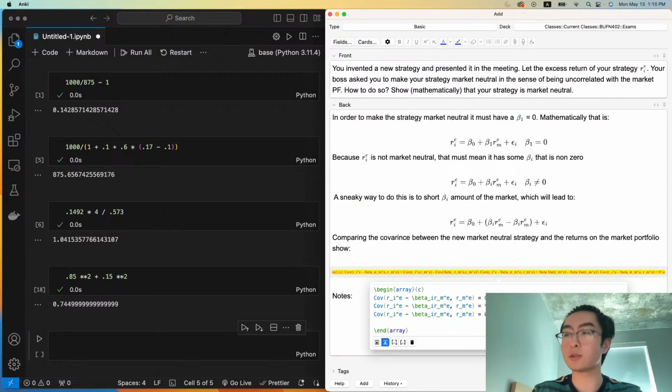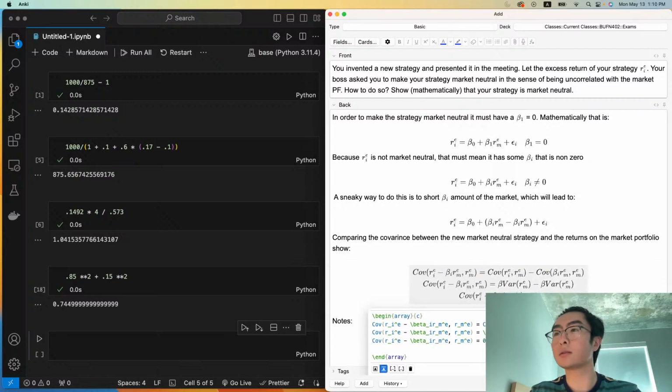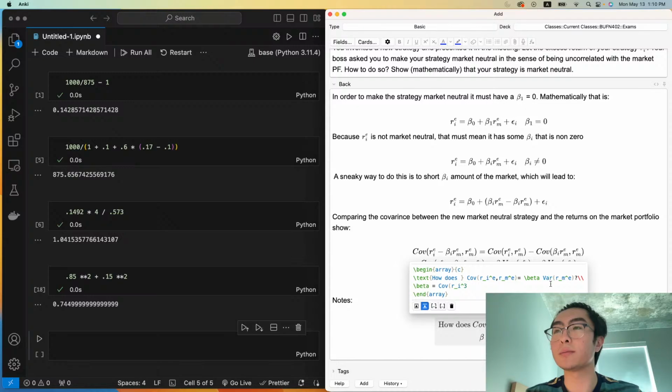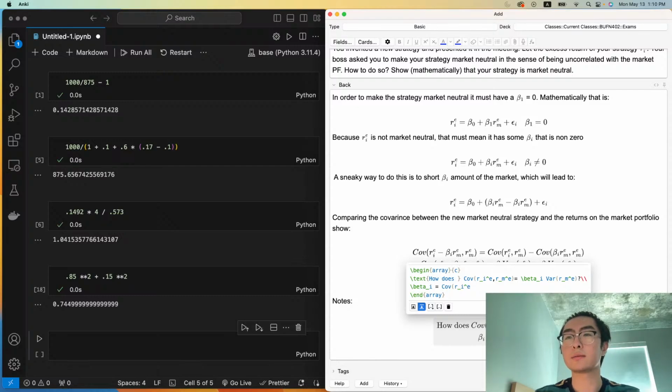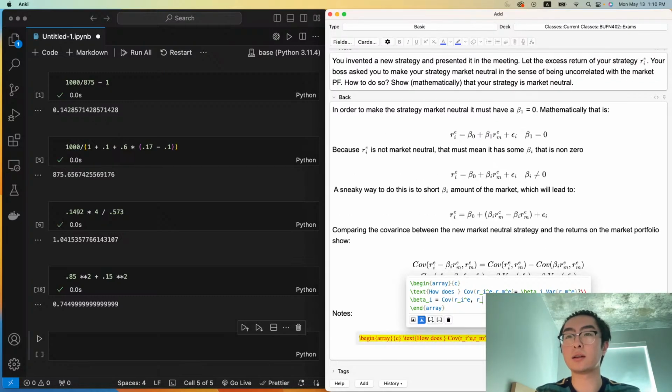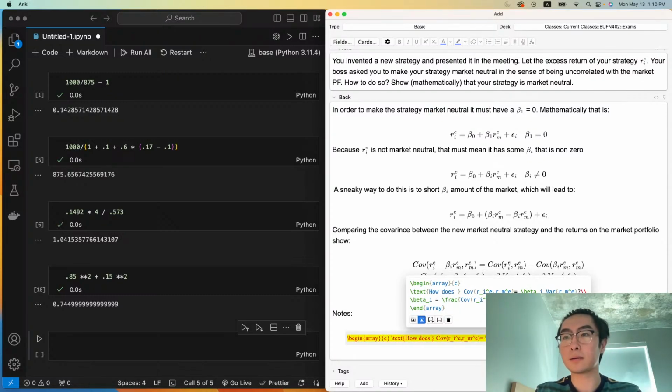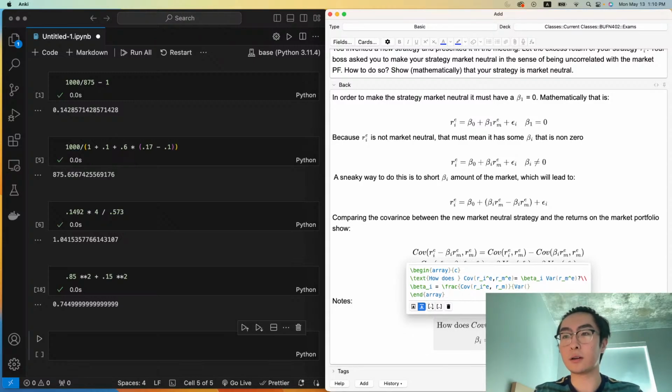Actually, maybe let's keep this consistent, so it's beta_i. So beta_i is equal to the covariance of R_i, the return of our strategy, and R_m, over the variance of R_m, the market returns.